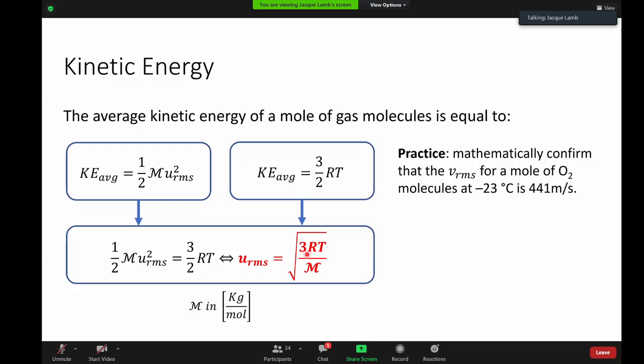So this liter atmospheres per mole Kelvin isn't going to work here. You're going to have to use 8.314, because that gives you the correct units to cancel. Temperature is in Kelvin. 8.314 is joules per mole Kelvin. And given what a joule is, you end up canceling appropriately. So you need 8.314. Okay.